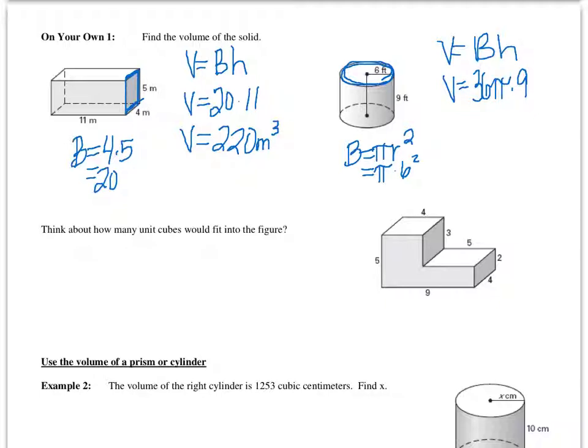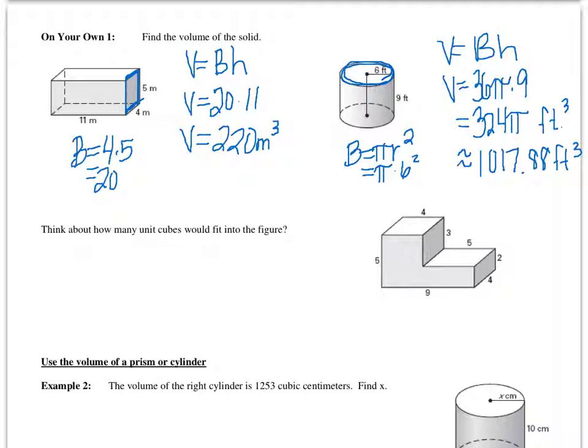So if you do 36 times 9, that's 324 pi. And my units would be feet to the third power. Now that would be my exact value. If you wanted to round this, do 324 times pi, you would get 1,017.88 feet cubed. And that would be my rounded value.